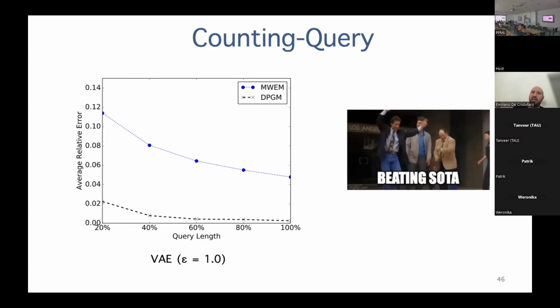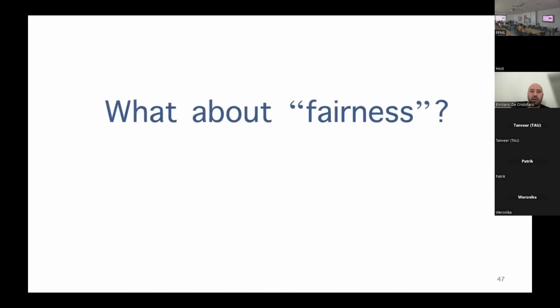So in this setting, things work quite well. This is run on a variational autoencoder with a reasonable privacy budget, epsilon equals 1, and we get good utility, good results in the response of the query. Okay, any questions about this?